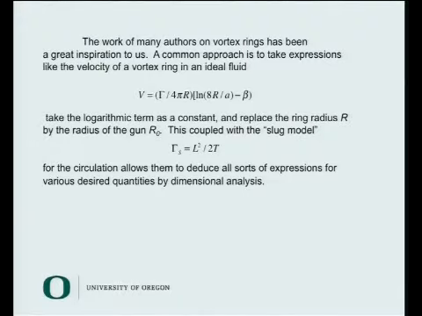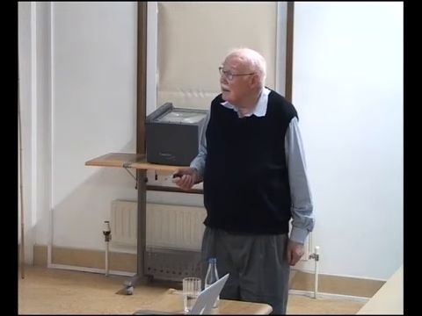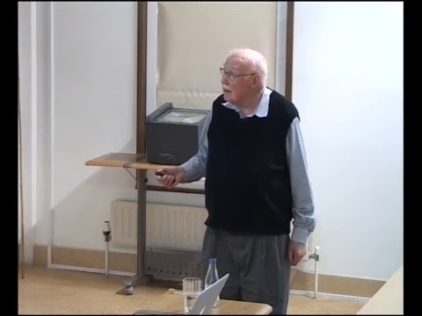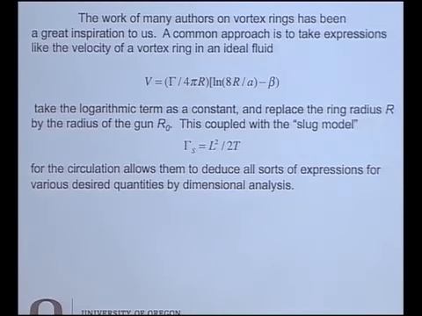What is often done by my engineering colleagues is that they simply ignore the logarithmic factor here and make that a constant. And they ignore the fact that the radius may not be the radius of the gun, so they simply make the radius equal to the radius of the gun, which is called R0 in this lecture.